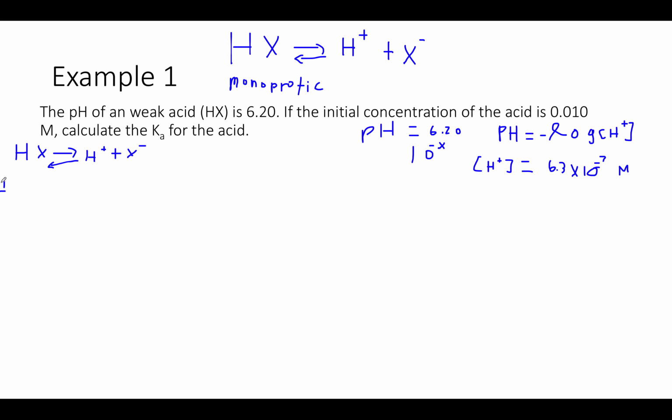Initially, I'm starting out with the 0.01 molar of the acid, but I have no product initially. What am I reacting? Well, I'm going to lose the hydrogen ion on the reactant side, because I'm donating that, so I'm losing 6.3 times 10 to the negative third. But I'm going to gain that value on the product side.